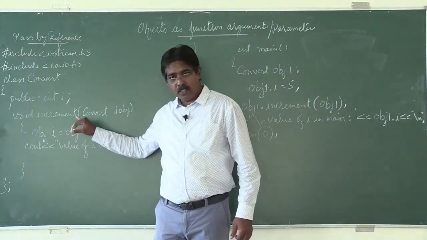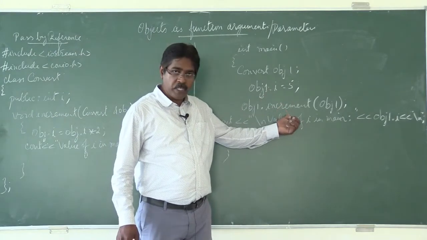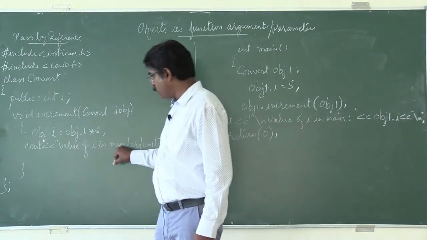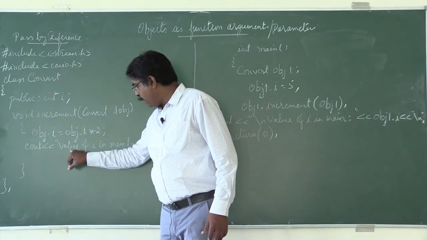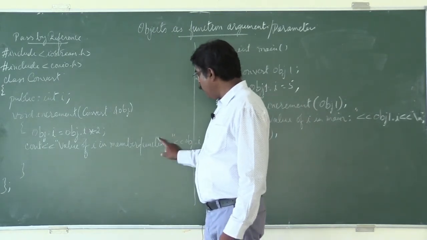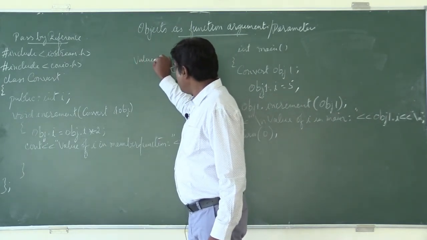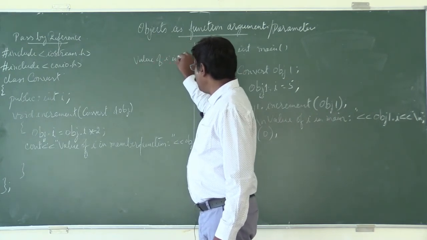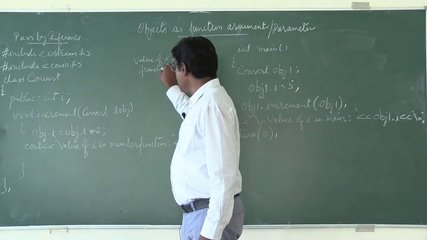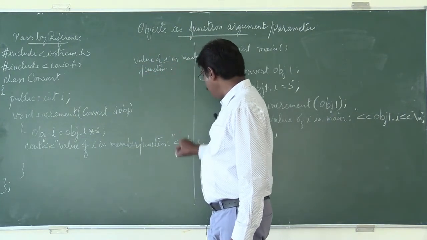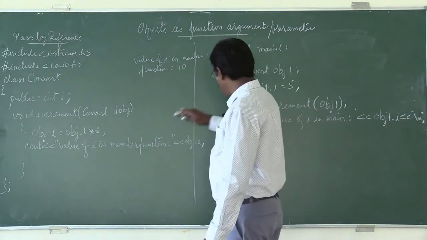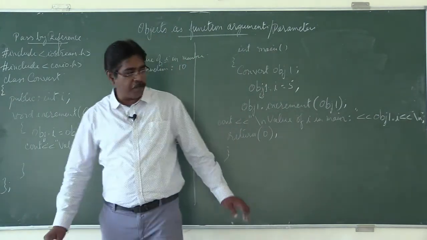Obj is changing obj1's value. Hence, when obj is changing in the member function, let us go through it. Value of I in member function, obj.I is 10.